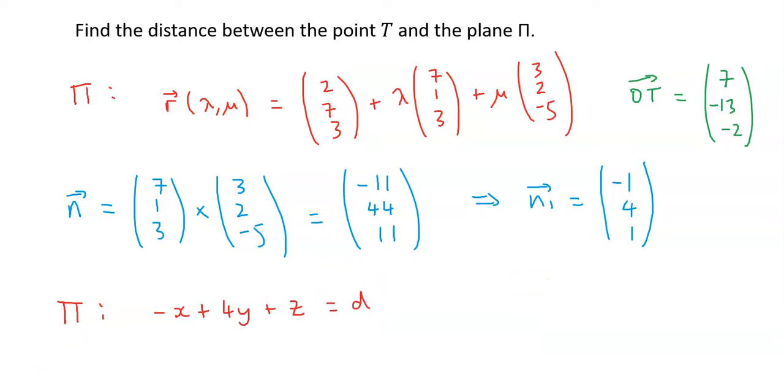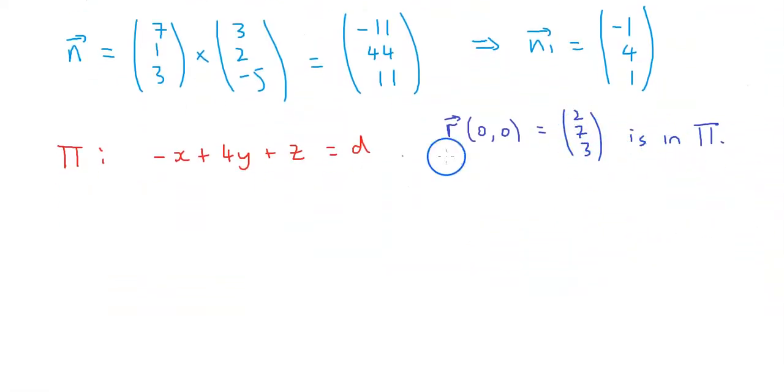And of course we know that r of (0, 0), which is just equal to (2, 7, 3), is in the plane. And so substituting these coordinates into the x, y, and z coordinates should make the equation true.